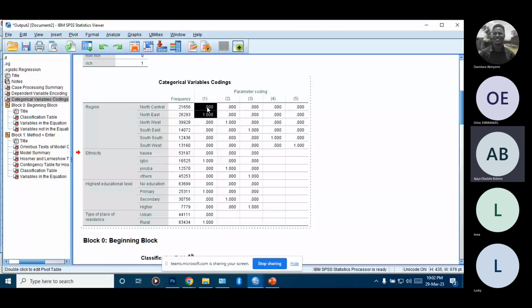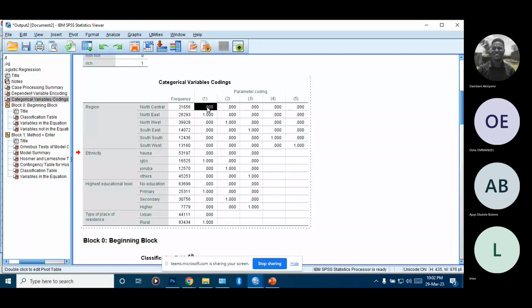Okay. Now, here, North Central is our reference category. It is very important for us to know our reference category. For ethnicity, my reference category as well is Hausa, the first category of the variable ethnicity.